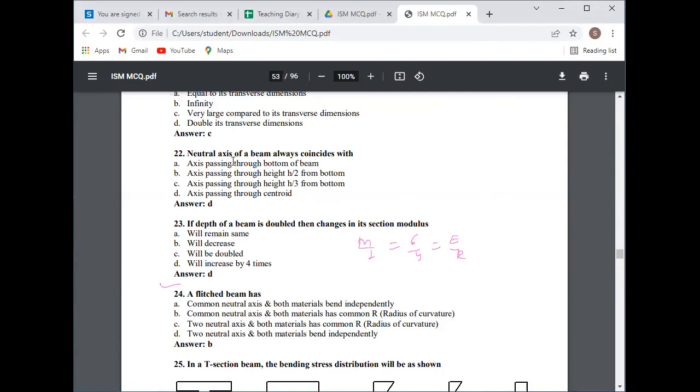Yes, neutral axis of a beam. Neutral axis of a beam always coincides with: axis passing through bottom of beam, axis passing through height h by 2 from bottom, axis passing through height h by 3 from bottom, axis passing through centroid.